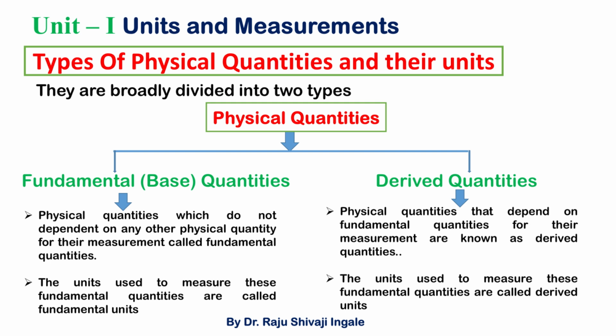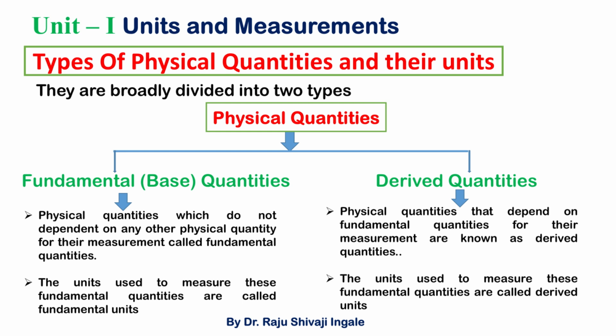Now, types of physical quantities and their units. Physical quantity is broadly divided into two groups: fundamental quantities and derived quantities. Fundamental means a base quantity. The quantity which does not depend on any other quantity for its measurement is called the fundamental quantity.